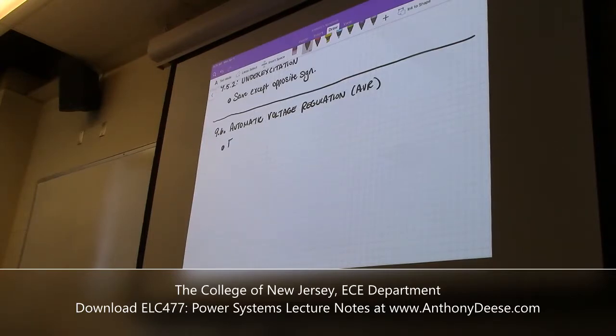But if you read the text, you'll see that it talks about how field excitation may be used to regulate the terminal voltage. But we are not going to be quizzed on that, and we're not going to be talking about that heavily in this course.